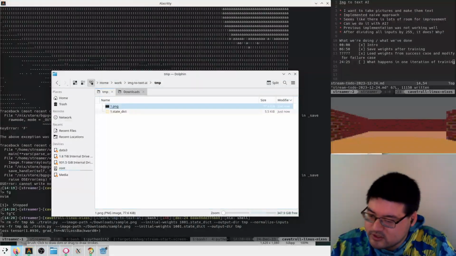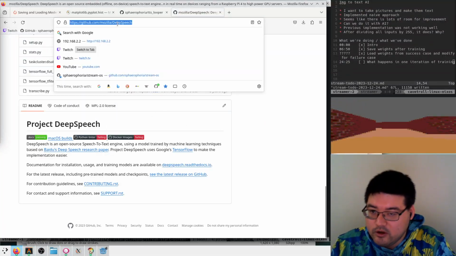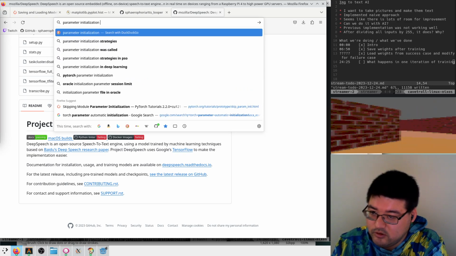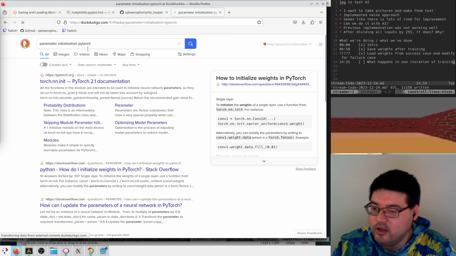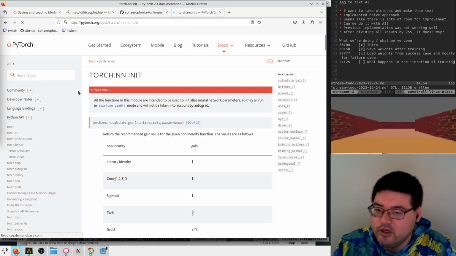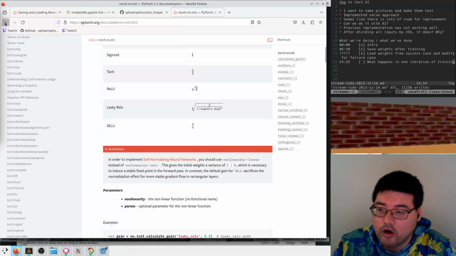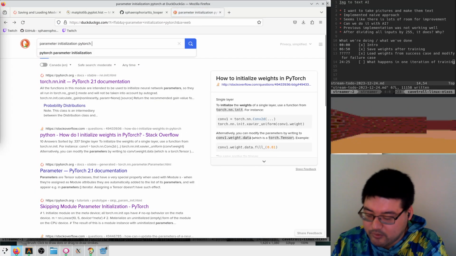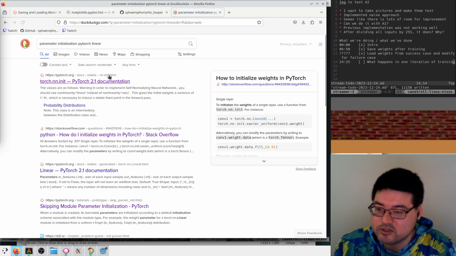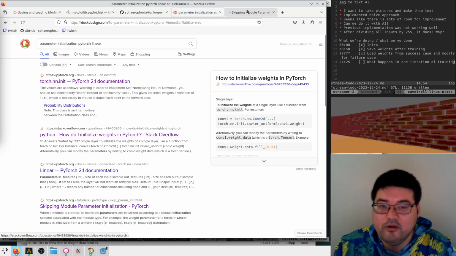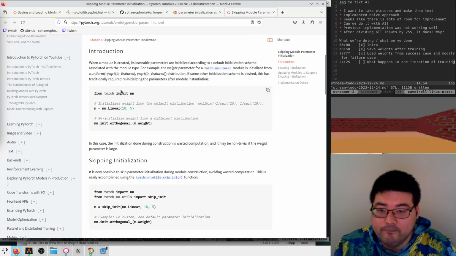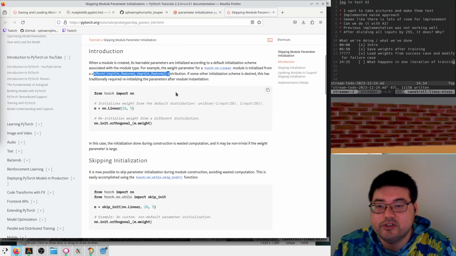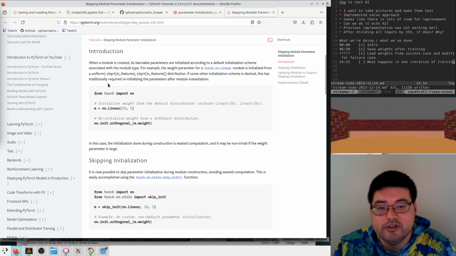Because when we were looking this up before, we saw that parameter initialization was in some range for linear. I remember seeing a negative square root something to square root something. Yeah, uniform distribution from negative 1 over square root of in features to 1 over square root of in features.